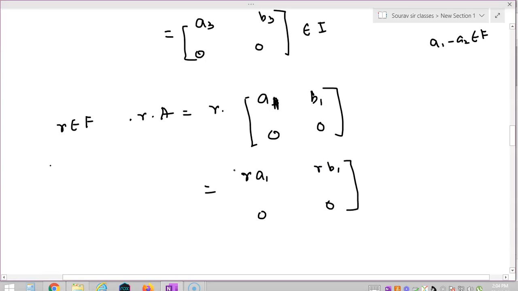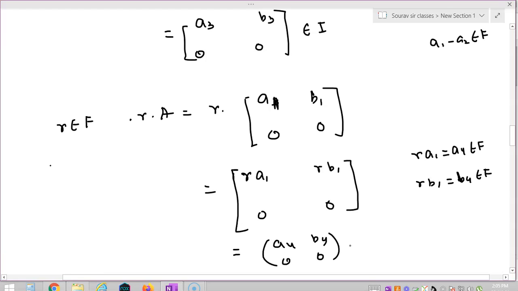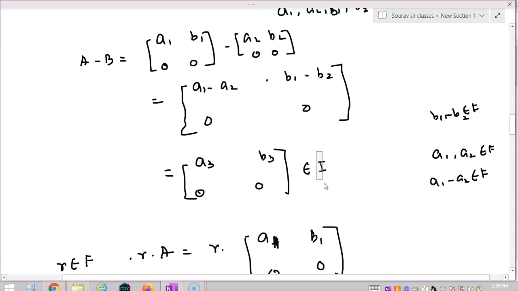Now as r belongs to F and A1 belongs to F, I can say that rA1 is equal to A4, which again belongs to F, and rB1 is equal to B4, which again belongs to F. So this is nothing but [A4, B4; 0, 0], which belongs to our M. Sorry, I have considered this set as M, not I. So I can say that M is a left ideal of F.